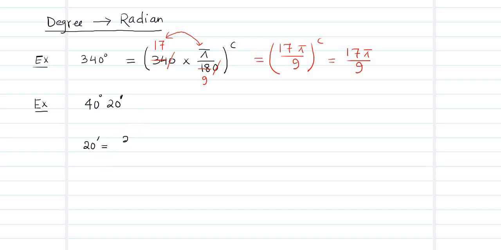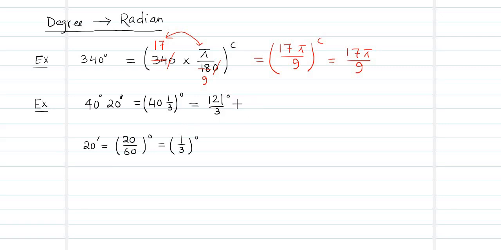So 20 minute is equal to 20 by 60 degree. That is same as, after calculation, 1 by 3 degree. Now with the help of this, we can write 40 whole 1 by 3 degree, which is equal to 121 by 3 degree.